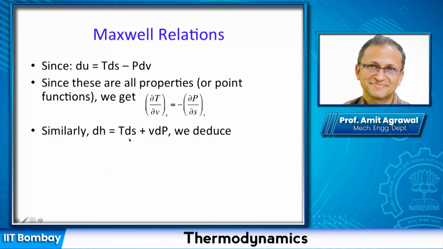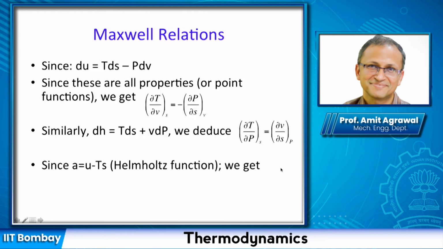We can also write that dH is equal to TdS plus VdP. And suddenly you realize that it means that dT/dP at constant S is dV/dS at constant P. And this is something that we had not really defined, the Helmholtz function.